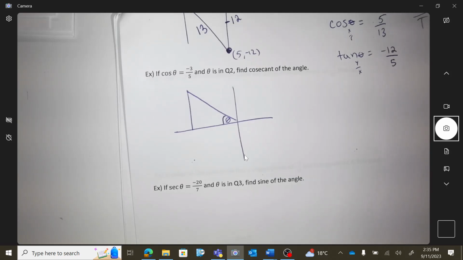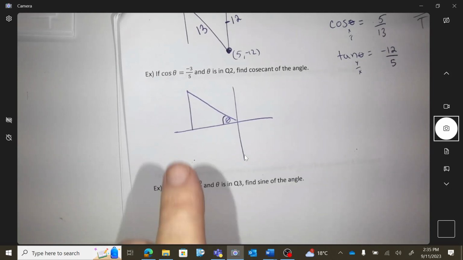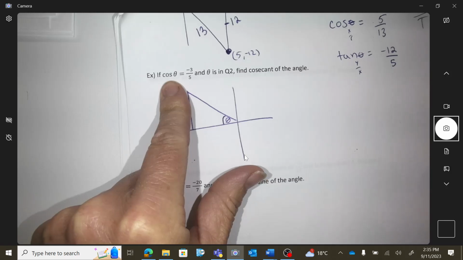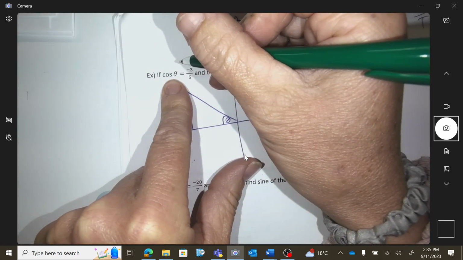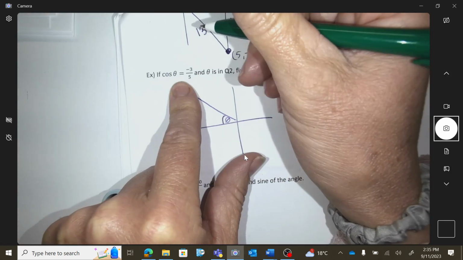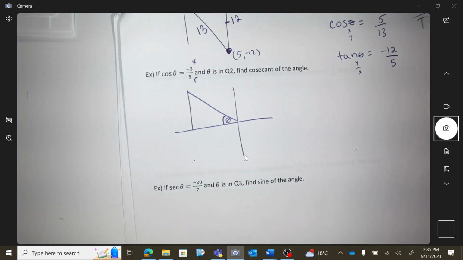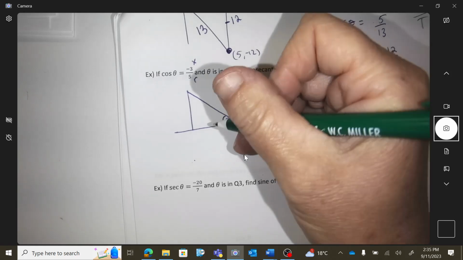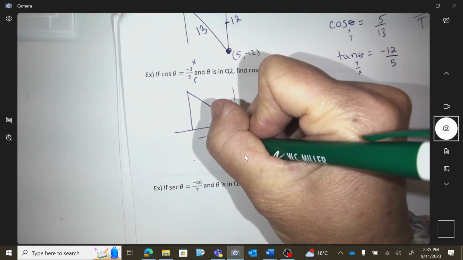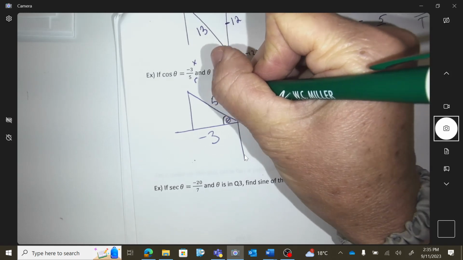Do you always remember that? Always to the x. Okay, cos is considered what? So you're really cute, x-rated. So my x value is negative 3, and my r value is 5.